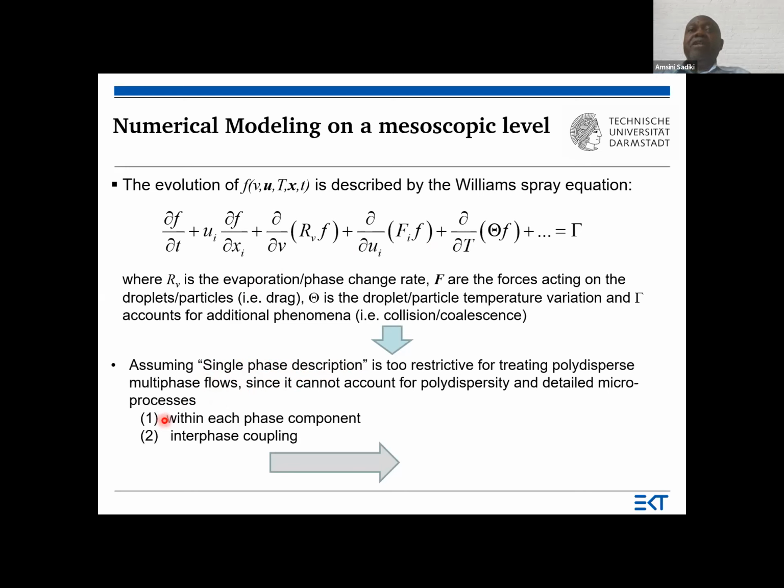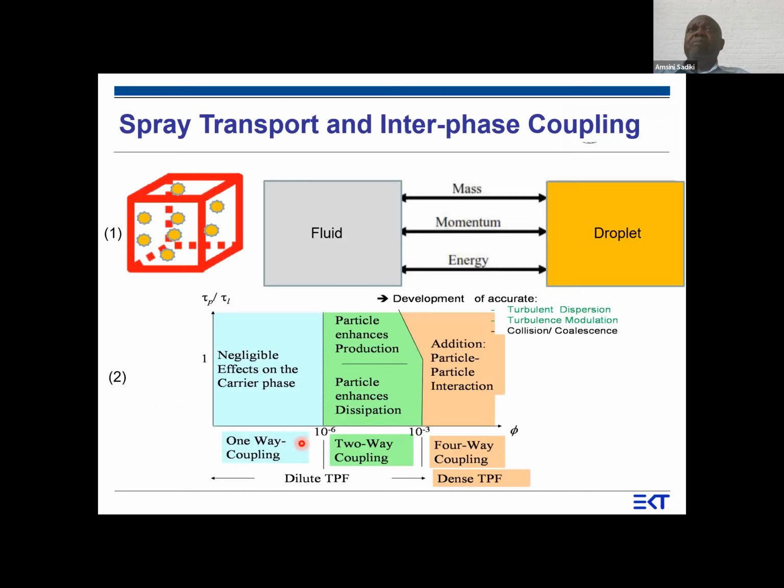And this coupling occurs within each phase component. For example, we have coalescence, we have collision, or interface coupling. So we have seen that we can have mass coupling, momentum coupling, energy coupling, entropy coupling, and so on.